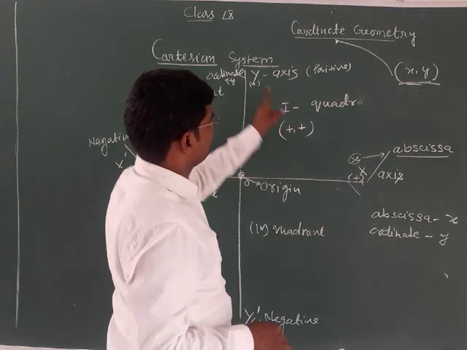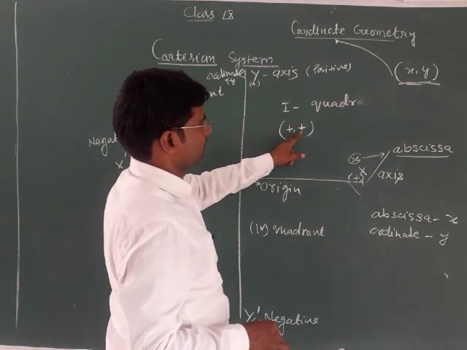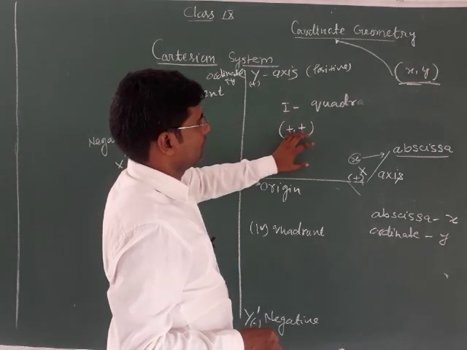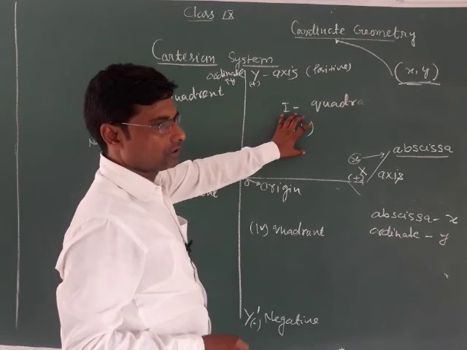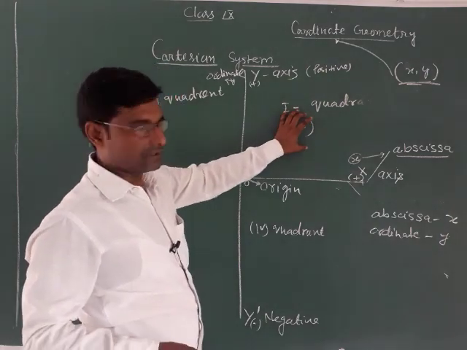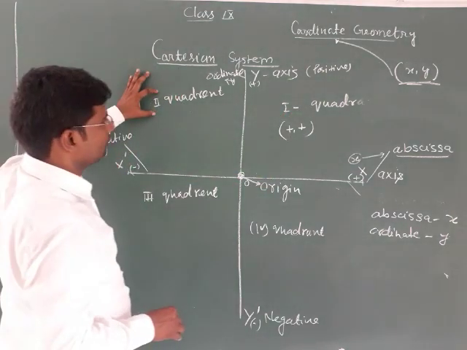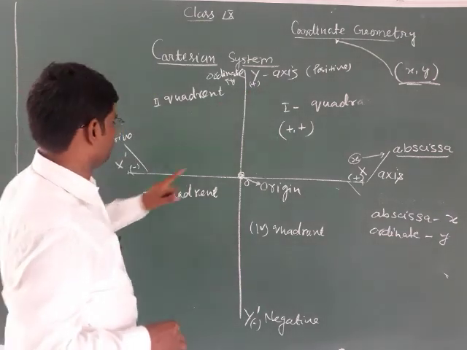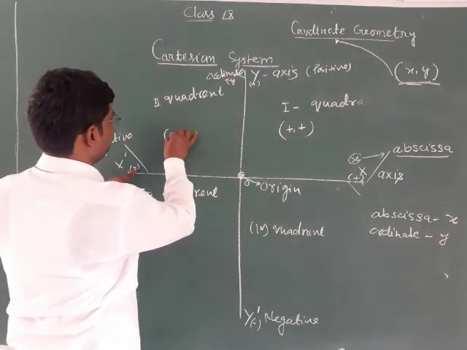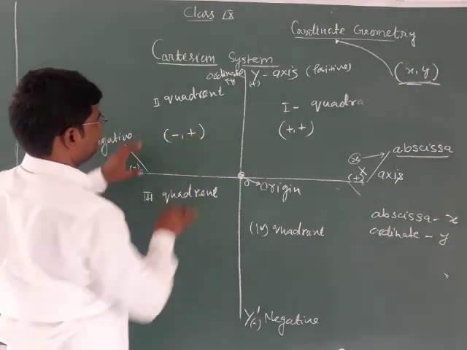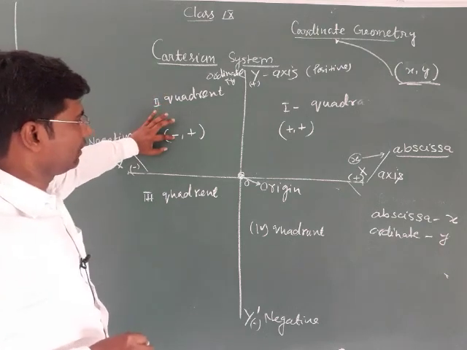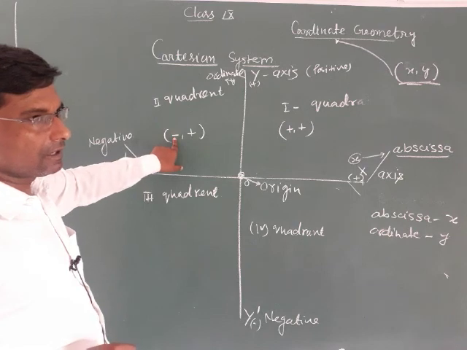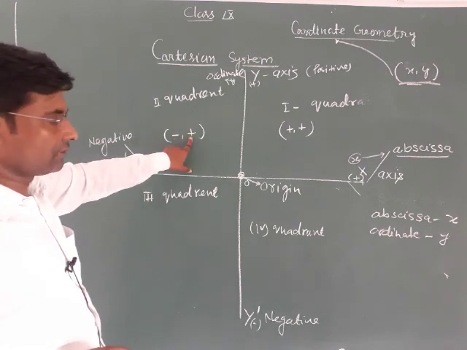And in the second quadrant, abscissa is negative and ordinate is positive, minus plus.